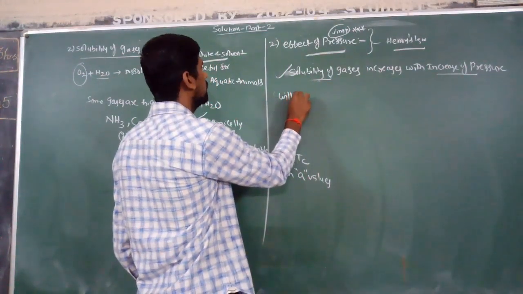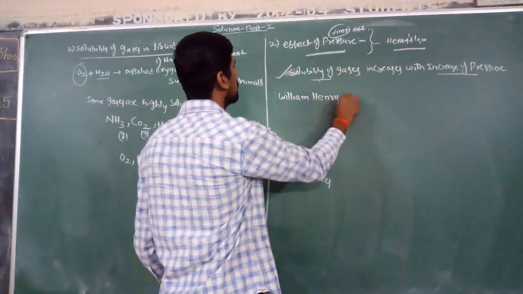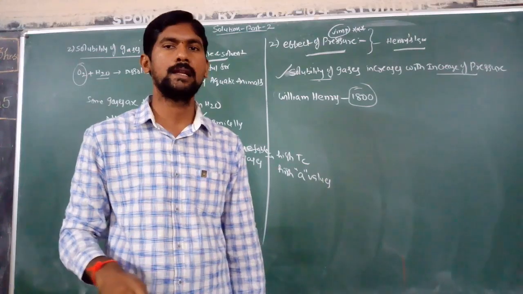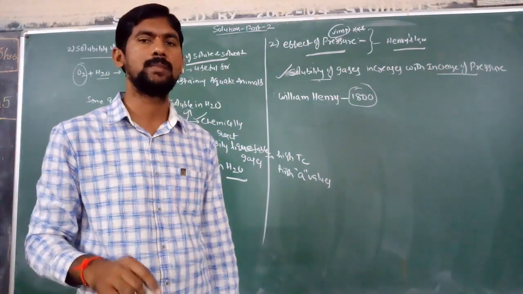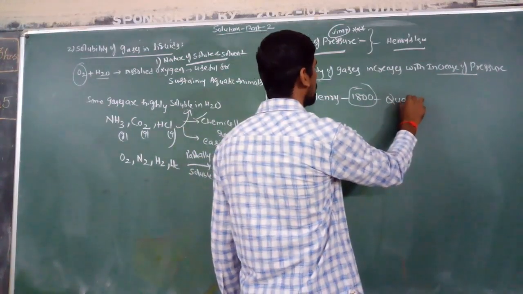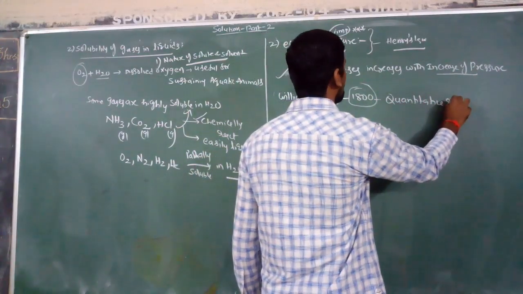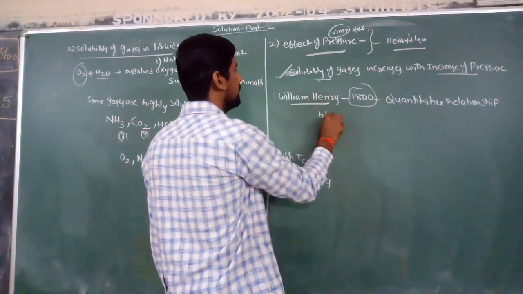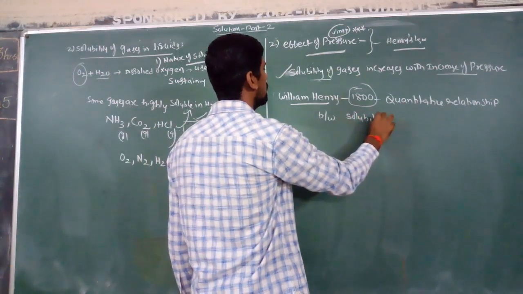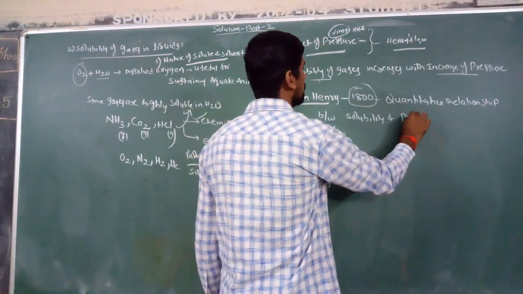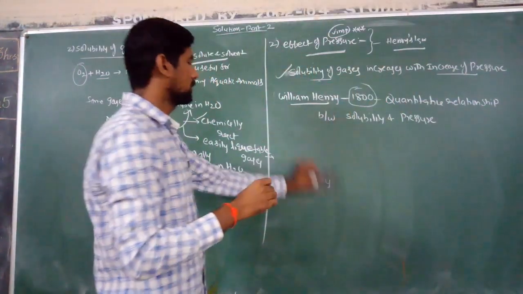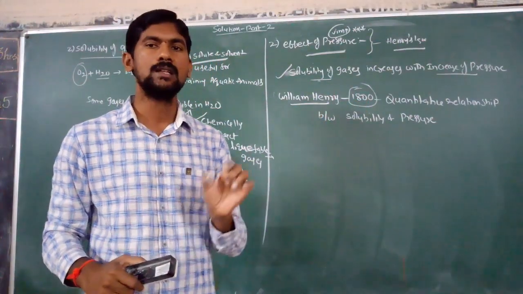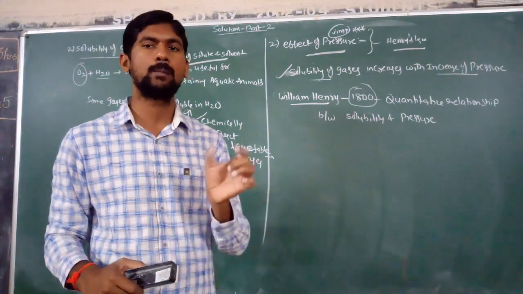The scientist William Henry in 1800 gave a quantitative relationship between solubility of gases in liquids and pressure.